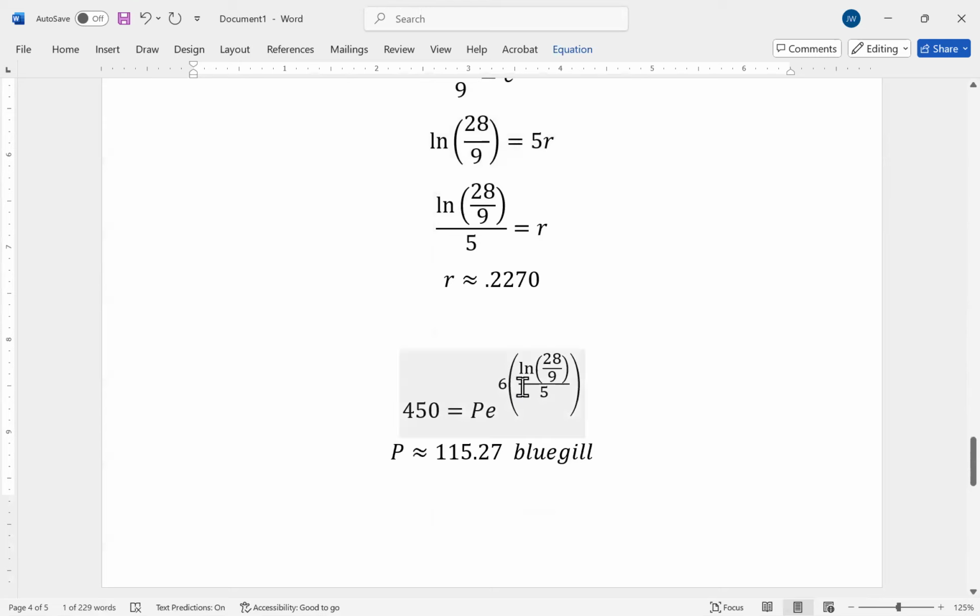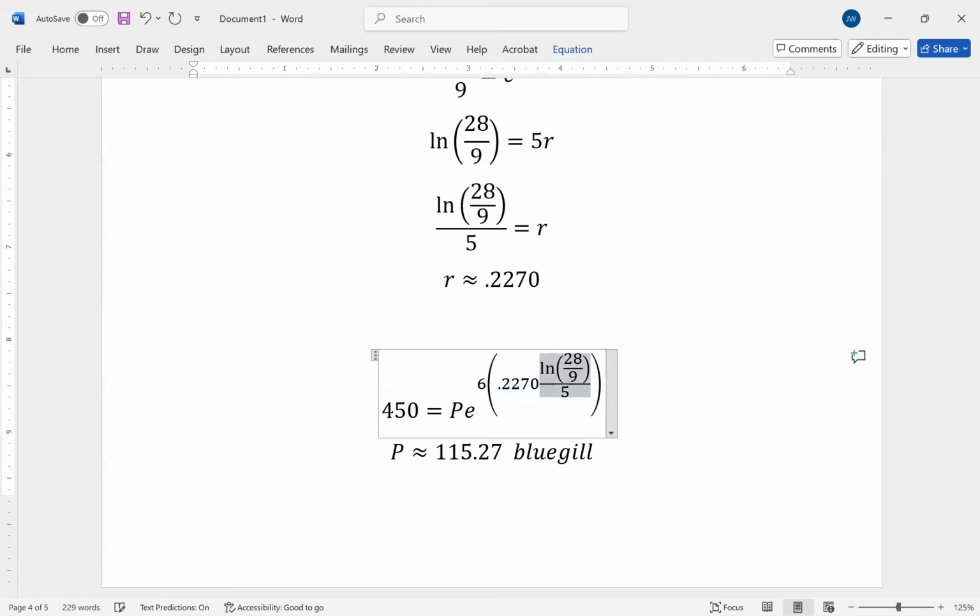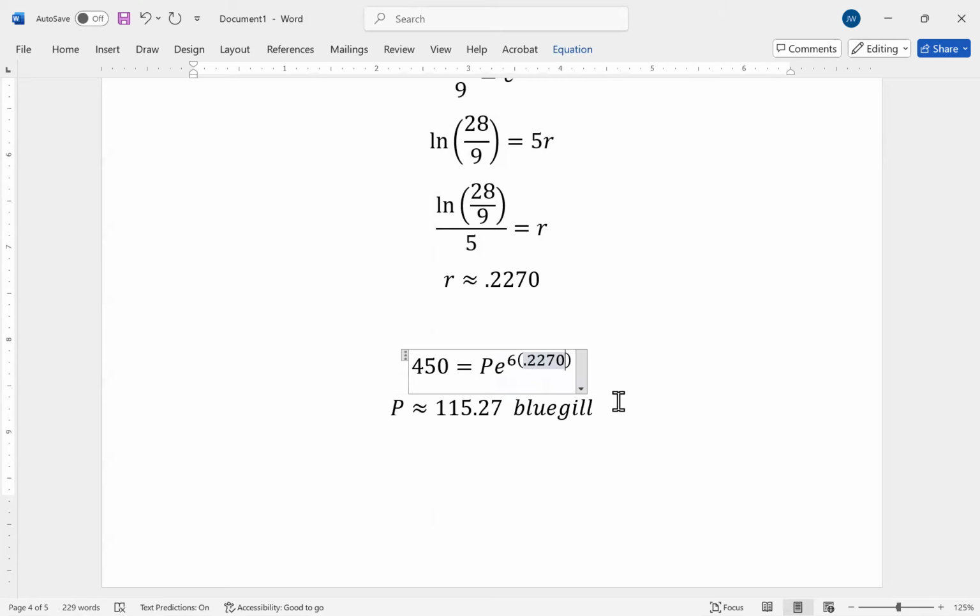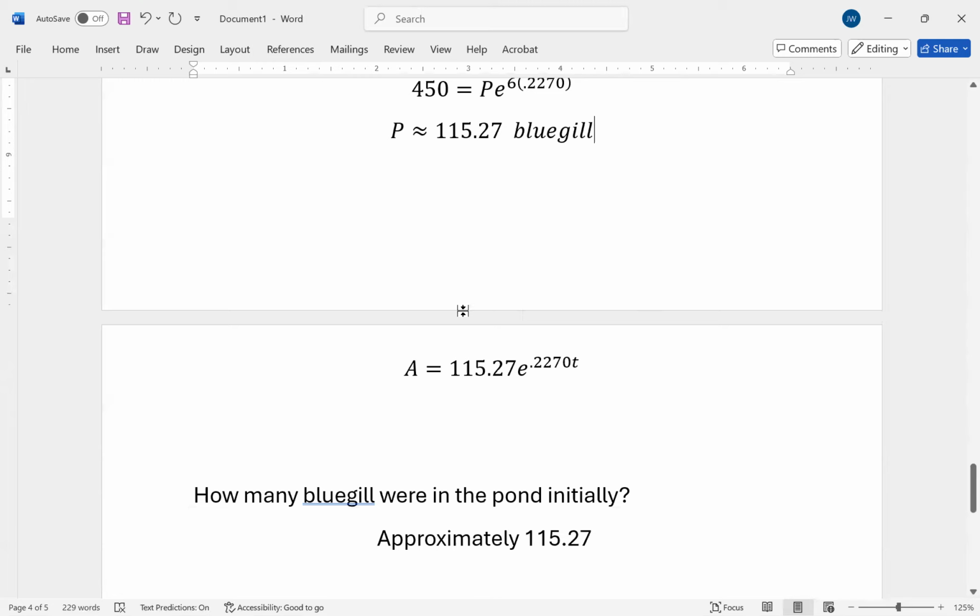Once I have the R value, again, some people would just use the decimal version of the R value. Once I have that, then I can come up with the initial amount of bluegill, and that gives me the general equation.